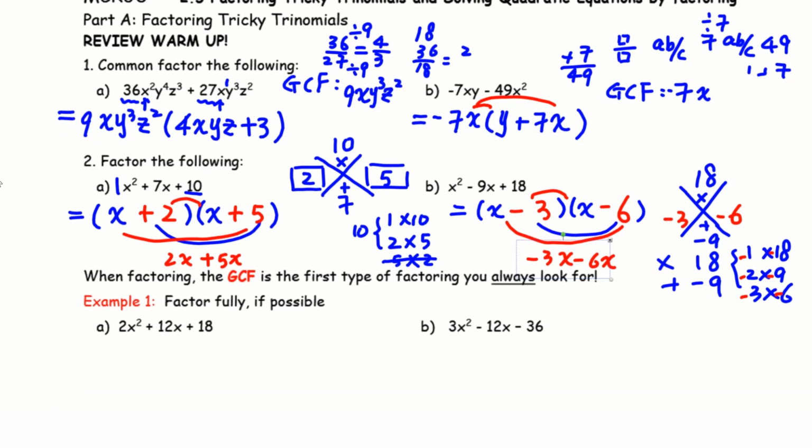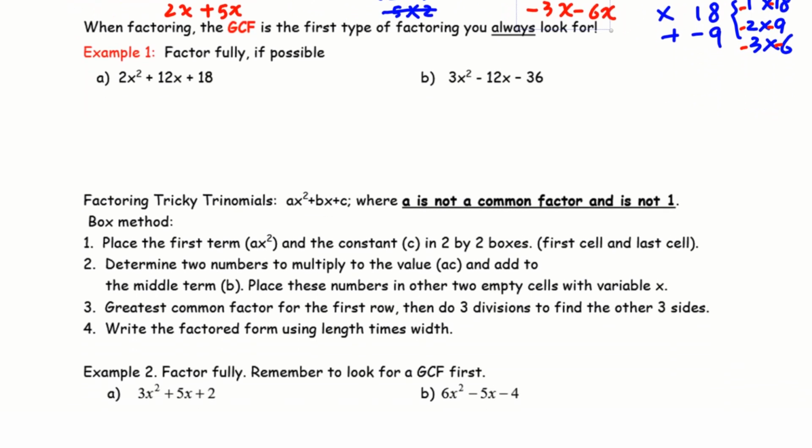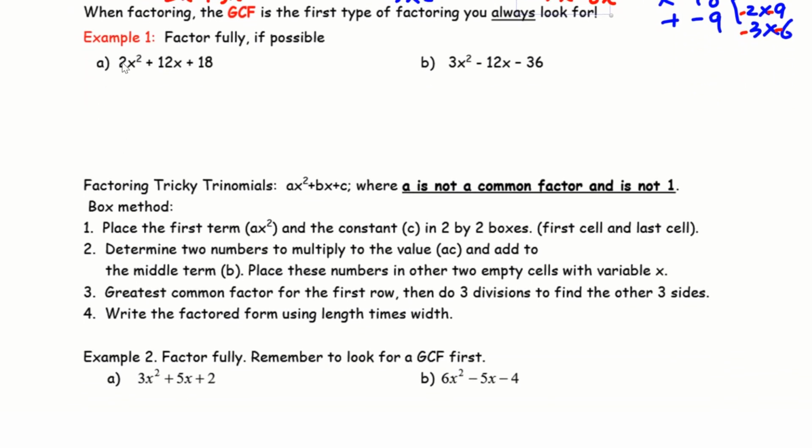And today we are going to do the numbers at front of the x squared, not 1. And always we are going to see the common factor, greatest common factor. So you have 2, 12, and 18. You can just type into your calculator 2 over 12.